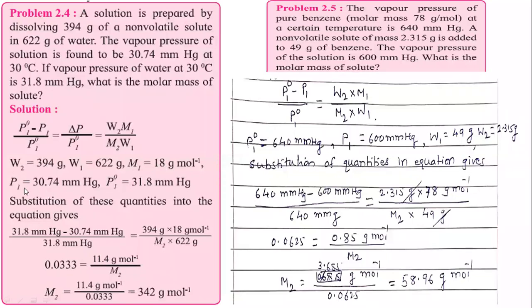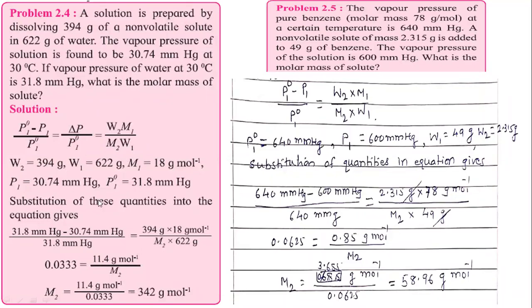Then P1. P1, the vapor pressure of the solution containing the non-volatile solute, is given as 30.74 mmHg, and the vapor pressure of the pure solvent, water, is also given.